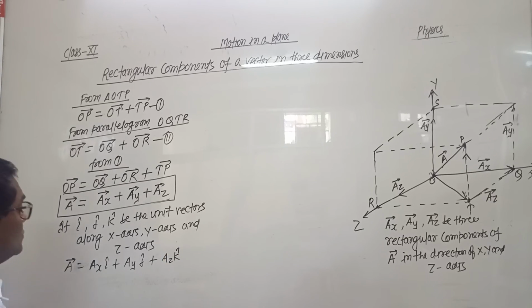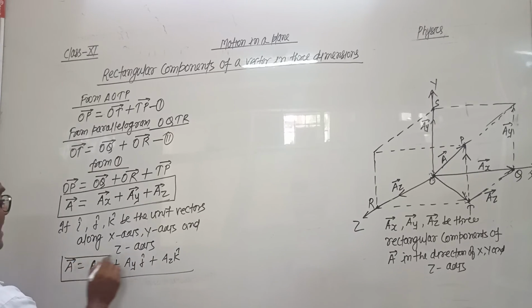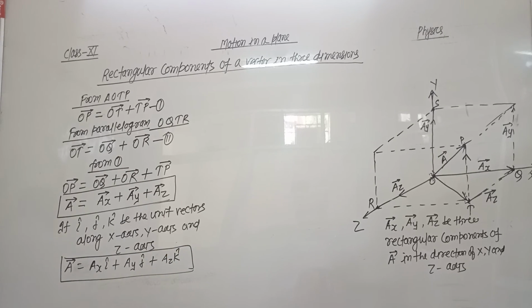When we use the unit vector, there is no need to draw the vector sign. So in terms of unit vectors, the vector A is given by AX i cap plus AY j cap plus AZ k cap.